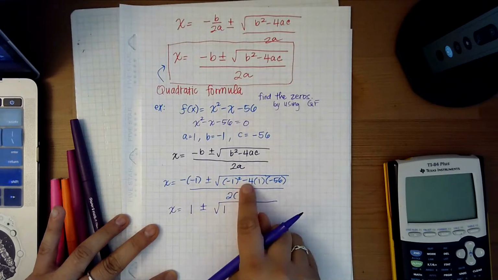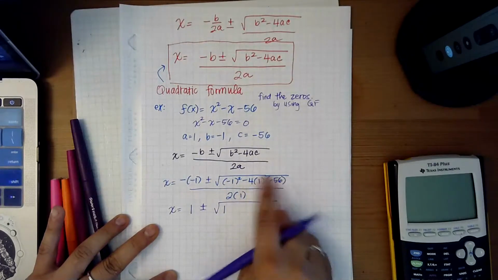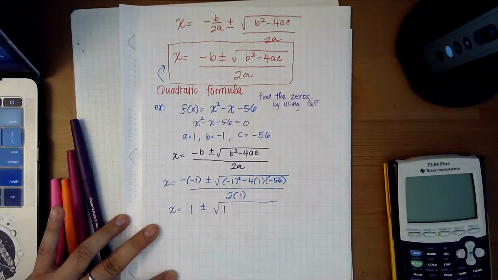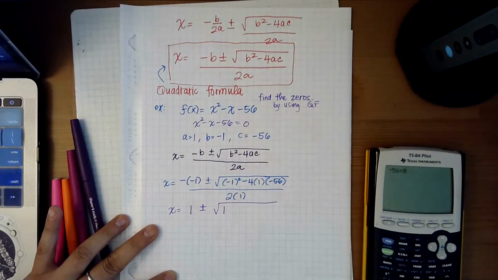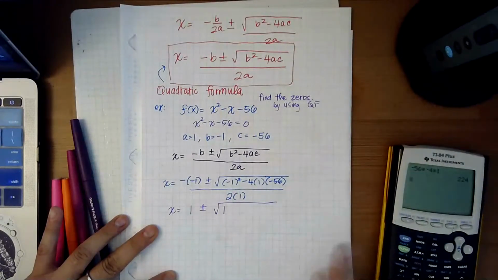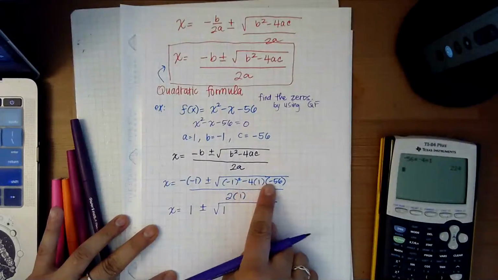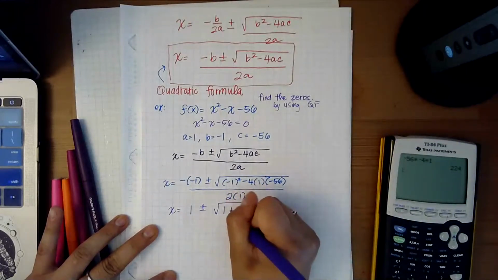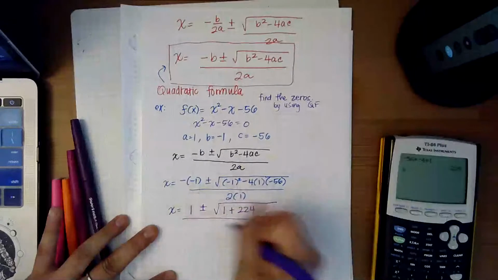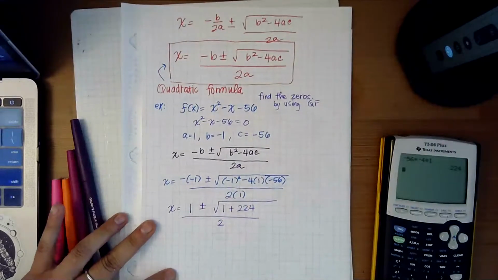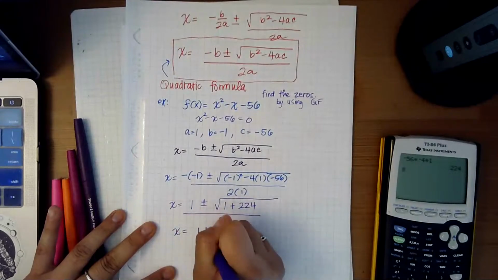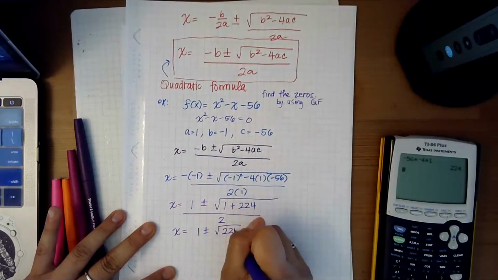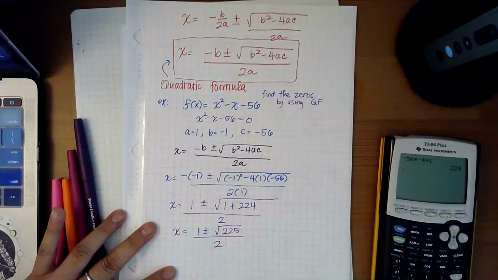Here it's not subtraction, so I need to simplify this multiplication first. -56 times -4 times 1 gives me positive 224. A negative times a negative gives me a positive 224, all over 2. Now I get to simplify the inside, so that gives me x equals 1 plus or minus the square root of 225, all over 2.